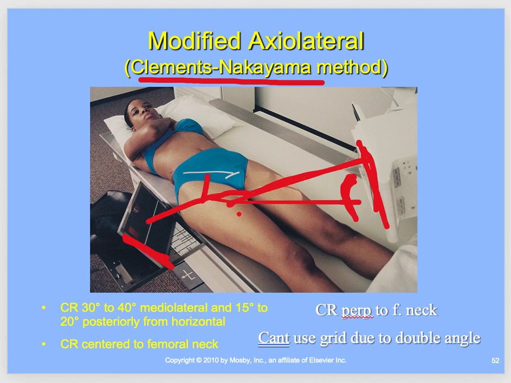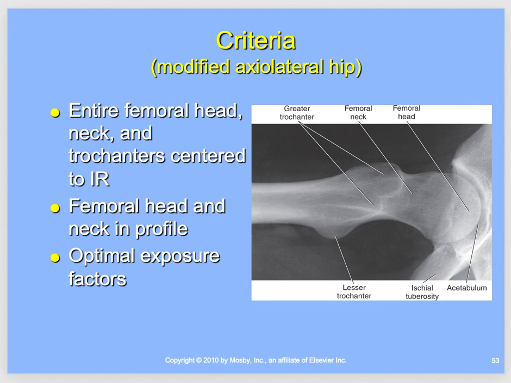That's why you're using those double angles. And you're going to visualize it like this. You're not picking up that pubic symphysis, but this is a really good Clements-Nakayama. You're seeing your acetabulum, the head, the neck, the greater trochanter, the lesser trochanter, femoral head in profile, as well as the neck in profile.